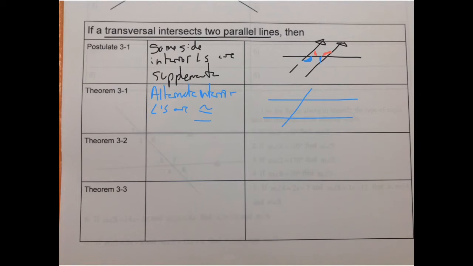Let's set it up this way. So alternate interior angles, that would be this angle and this angle. Those are alternate interior angles and they are congruent, as well as this angle and this angle. And if our lines look parallel, then these will look congruent.